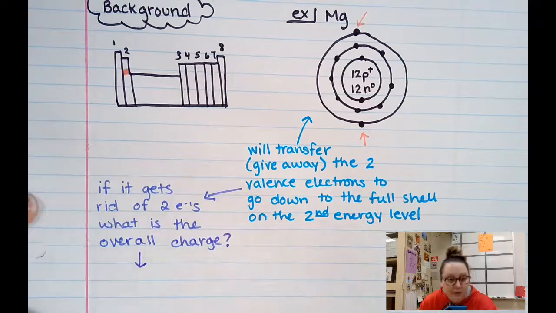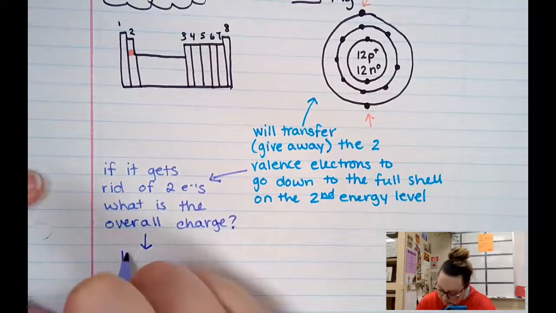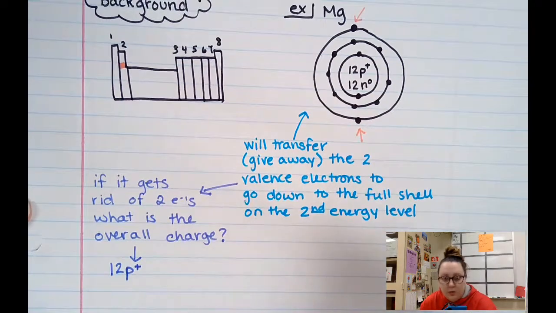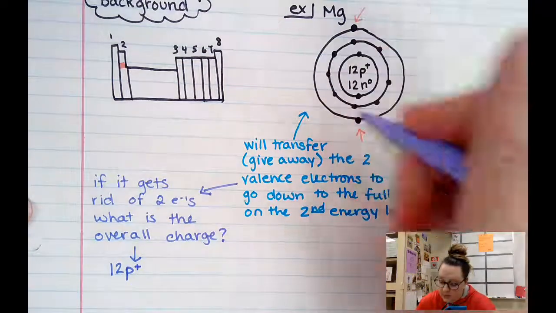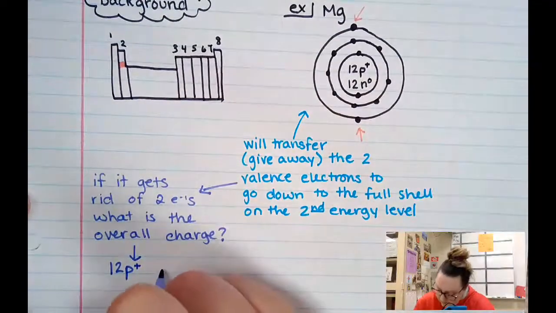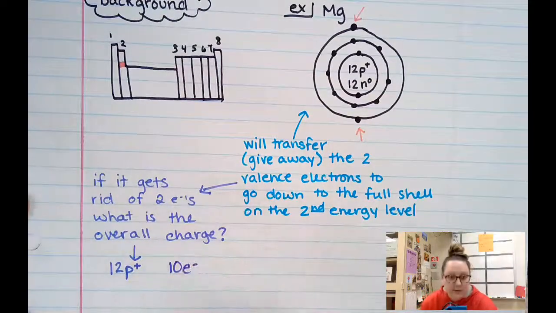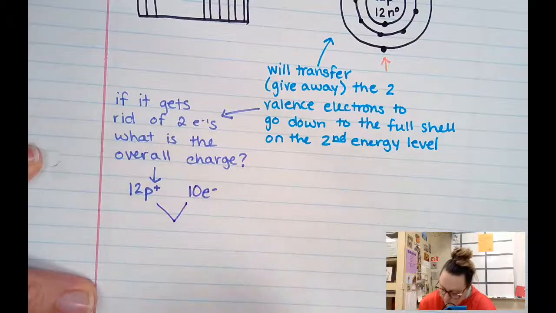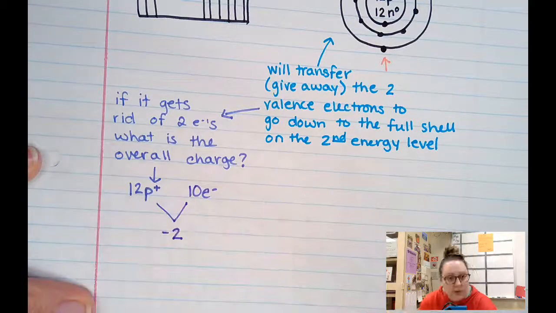Well, it still has 12 protons. But if it gets rid of 2 electrons, it had 12, it gets rid of 2, it's got 10 electrons. The overall charge would be -2.